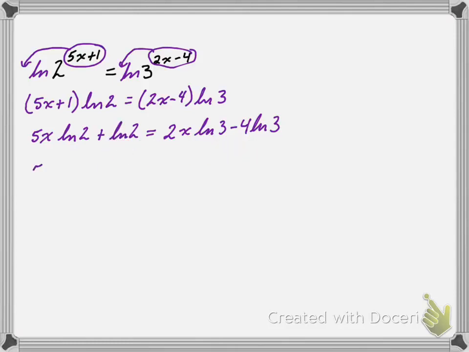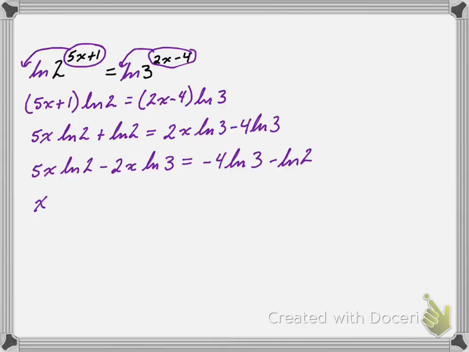All right, so that's going to give us 5x natural log 2 minus 2x natural log 3 equals negative 4 natural log 3 minus natural log 2.